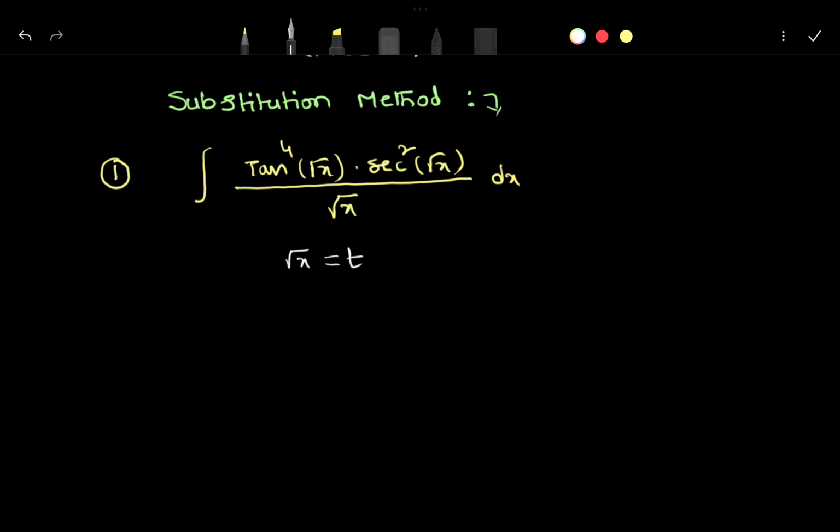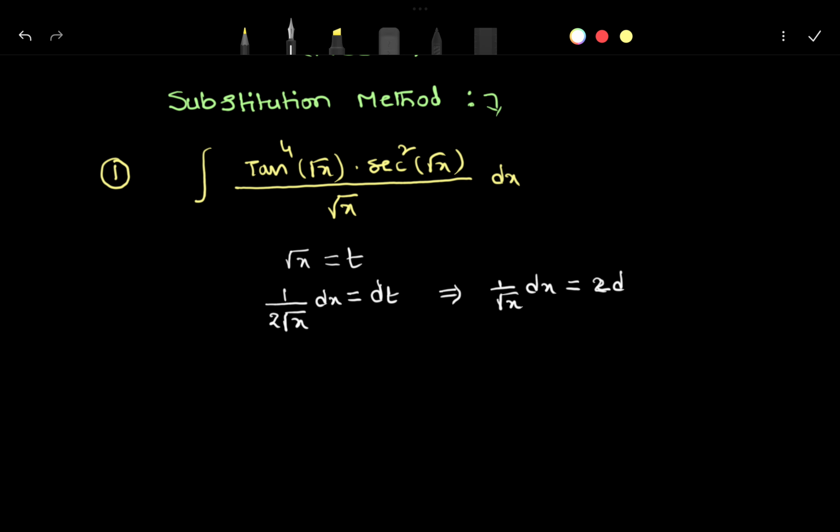Now differentiating on both sides, the derivative of root x is 1 by 2 root x into dx, which equals dt. From this you can write 1 by root x into dx equals 2 into dt.